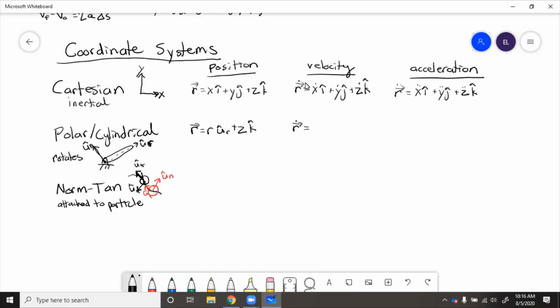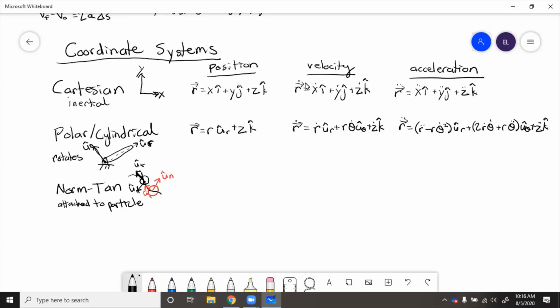So this equals r dot ur plus r theta dot u theta plus z dot in the k. And then acceleration, r double dot equals r double dot minus r theta dot squared ur plus 2 r dot theta dot plus r theta double dot u theta plus z double dot in the k.